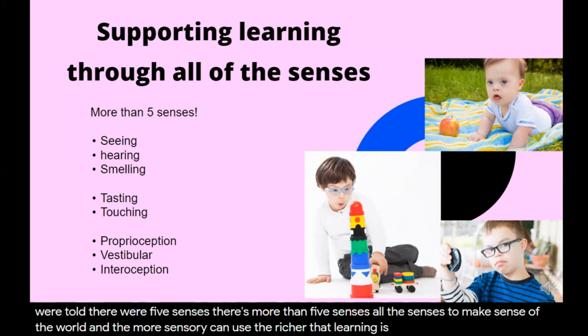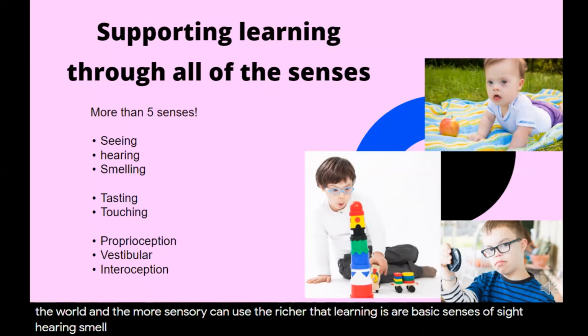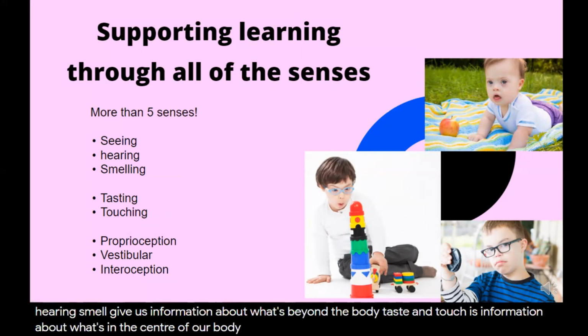Our basic senses of sight, hearing, and smell give us information about what's beyond our body. Taste and touch give us information about what's in the vicinity of our body. Our proprioception is our understanding of how our body is moving relative to itself.